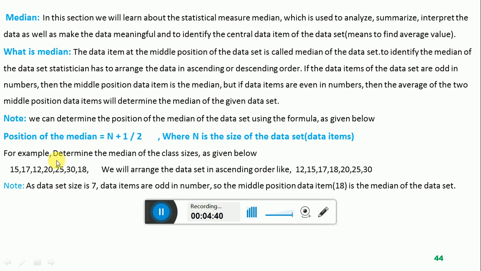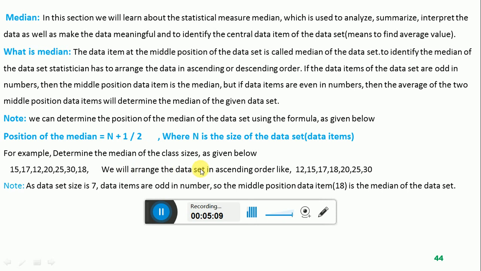This is the given data set which represents the class sizes, and we have 7 different classes. So the sample size is 7. Capital N will represent 7. 15 students, 17 students, 12 students, 20 students, 25, 30 and 18 students. These are the 7 different classes.